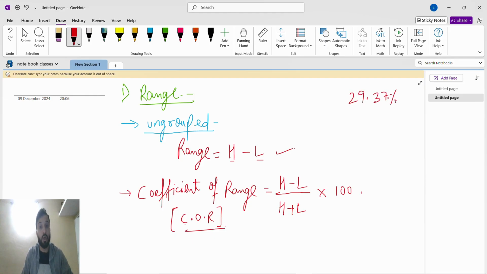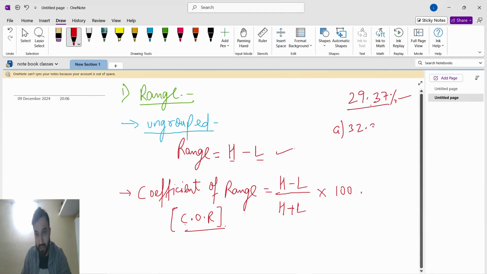Just imagine you get the answer 29.37%. You have to see the options, because sometimes they will give the options in percentage, so that's fine, you tick it. Suppose the options are like 32.33, 29.37, 28.46, none of the above.